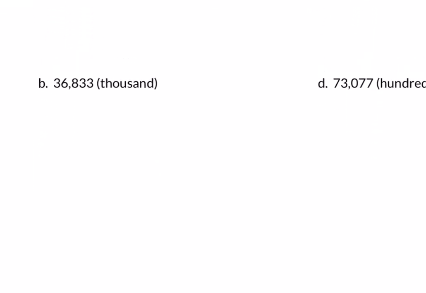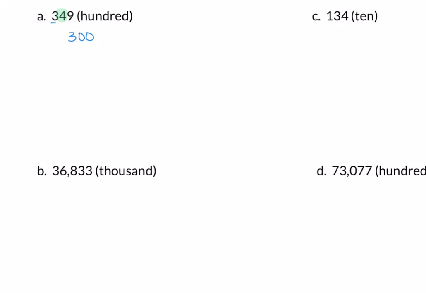All right, if we look at example B, the first thing I want to do is identify the digit in the thousands place. 6 is in the thousands place. I'm going to look at the digit directly to the right. It is an 8. Is 8 5 or more or less than 5? 8 is 5 or more, so we are going to round up.